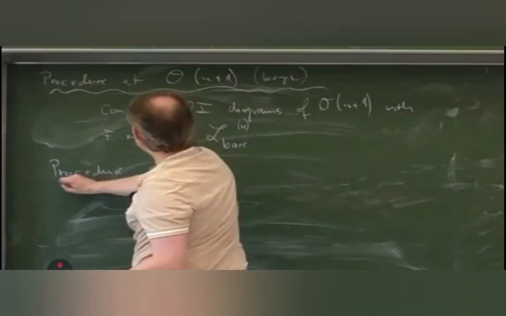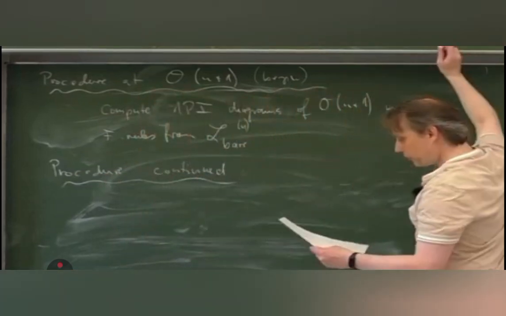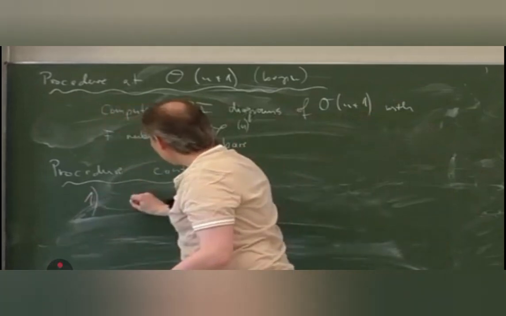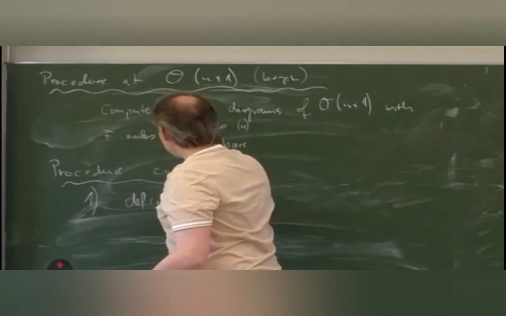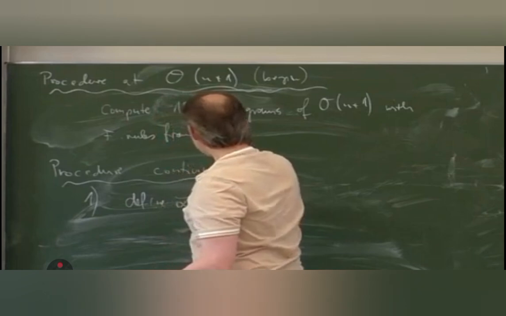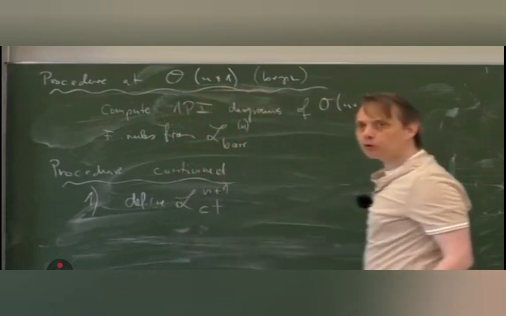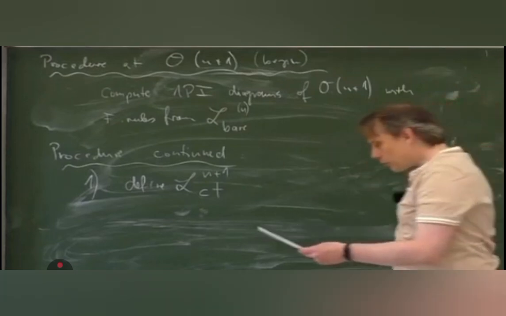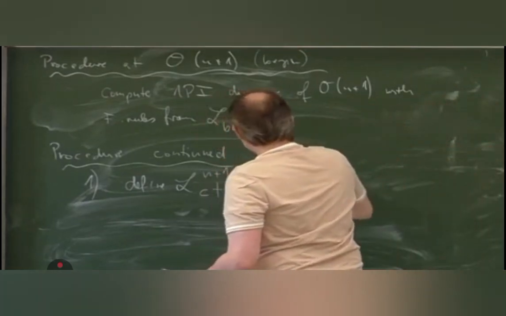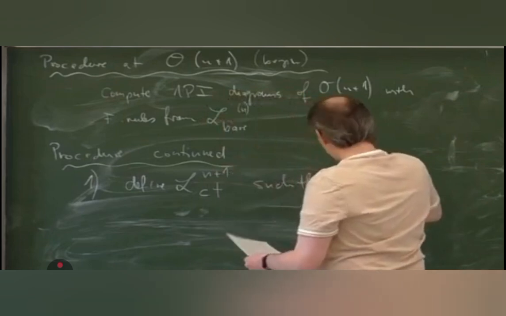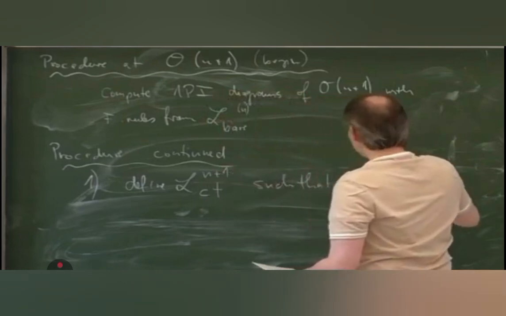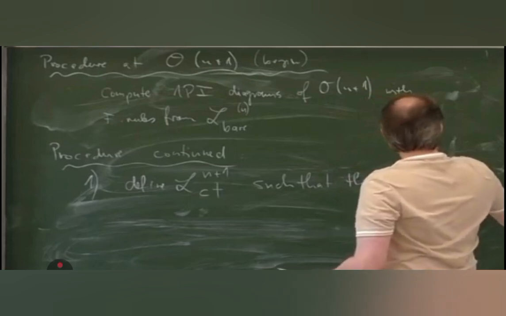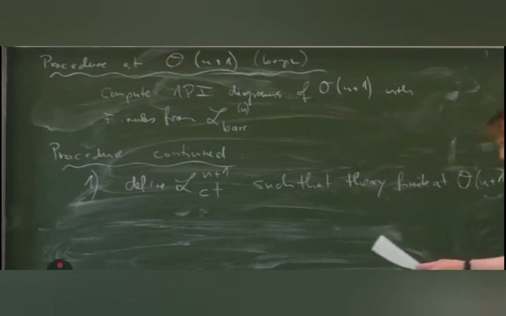So let us continue with our procedure. First, we now define indeed our counter term Lagrangian, L counter term at n+1 loop order, which we now know to exist, which cancels all the divergences, such that the theory is finite at the n+1 loop level.